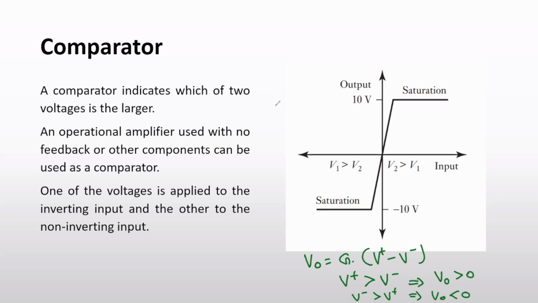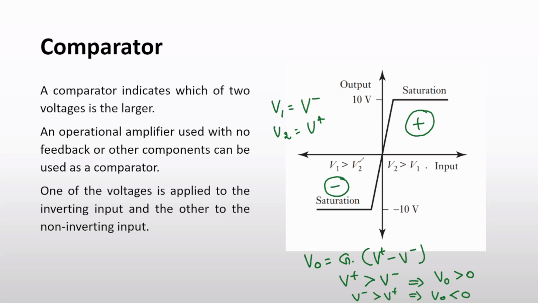Here V1 is the voltage at the inverting input and V2 is the voltage at the non-inverting input. It compares the voltages at those two inputs, and if the non-inverting input is larger, the output will be a positive value, and if the inverting input is larger, then you get a negative value.